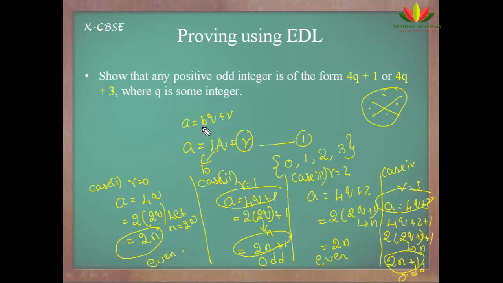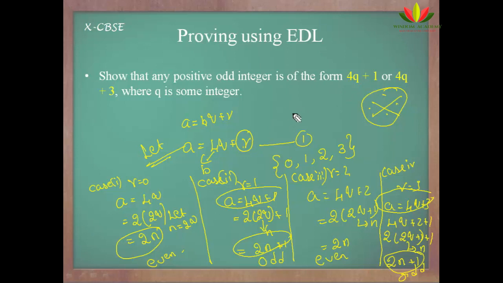Since it is a general form of a number, I will take b as 4. So 4q plus r. Why am I taking this? I want to prove it as 4q plus 1 or 4q plus 3, so by seeing the question itself, we can take 4q plus r or 3q plus r, whatever we want to prove according to the question.